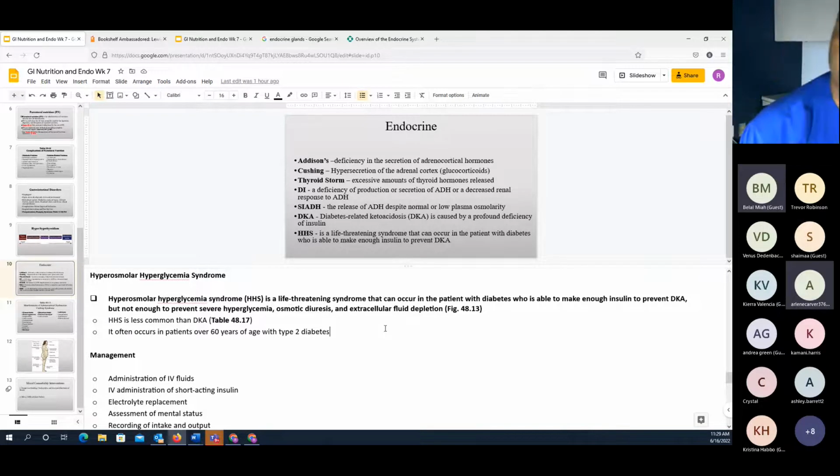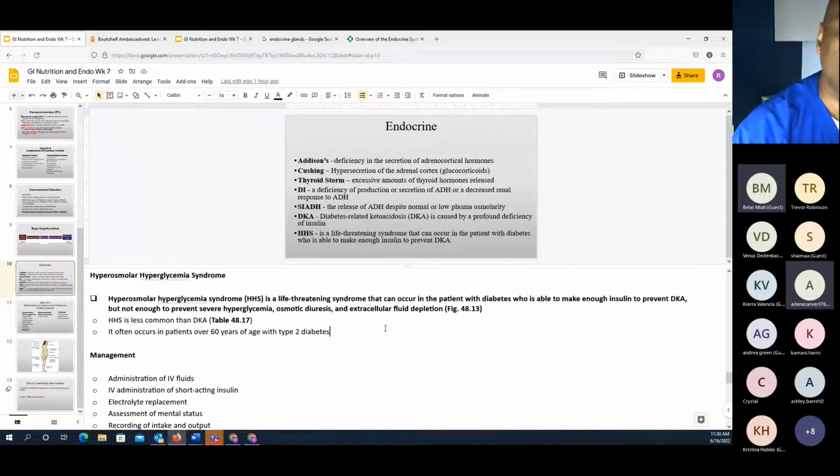The reason for that is, typically when someone has type 1 diabetes, they're probably very young. Because they're very young, their kidneys and heart are still working fairly well, right? And so when they go into DKA, they're still able to excrete a lot of urine with the glucose, right?